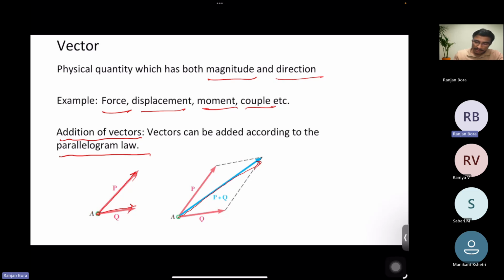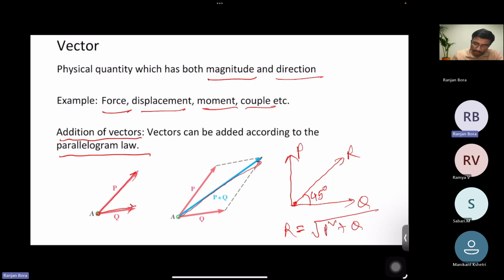But if there are two vectors p and q perpendicular to each other, then the magnitude of their resultant will be square root of p square plus q square.